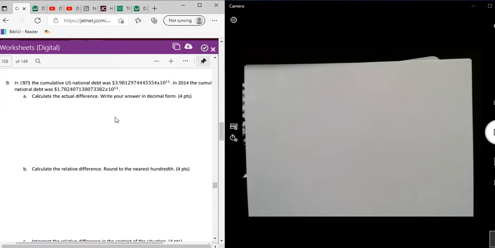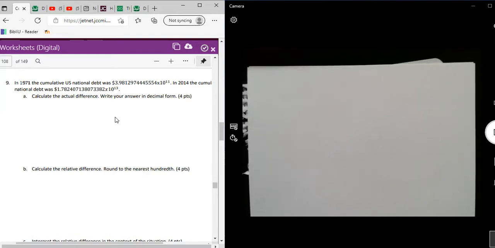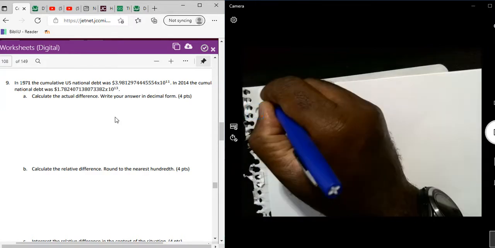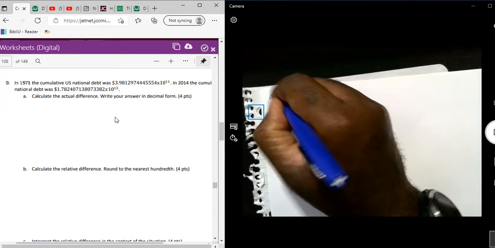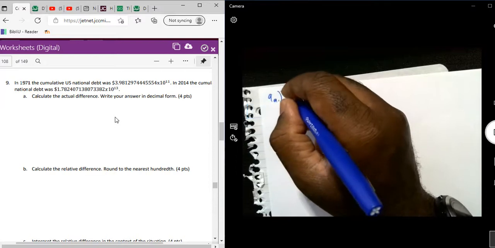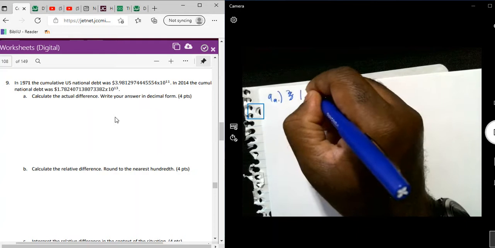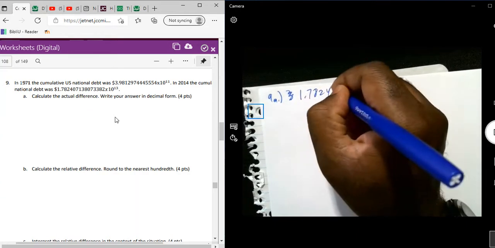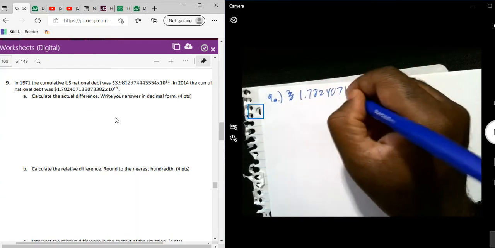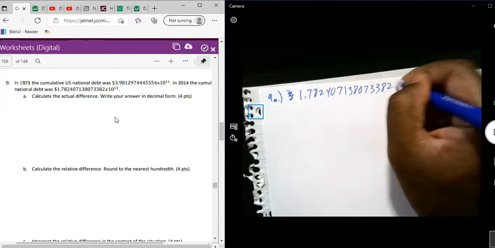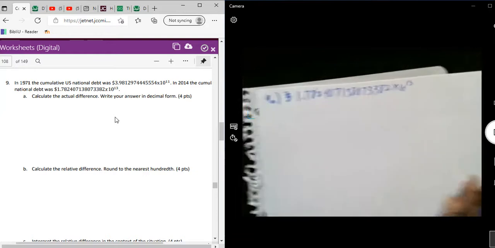Okay, so this is given to us in scientific notation. So we want the actual difference. So we would take the new value, which is 1.78240713807338 times 10 to the 13th power.